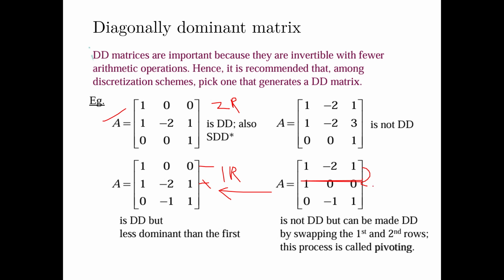The second row is also not diagonally dominant. In this row there is an equality, there is no strict inequality, right? So this matrix is not diagonally dominant. But if we pivot, interchanging the first and the second row, then we get this matrix, which is diagonally dominant. This is called pivoting, which you have also learned in the lectures, right? And we will also see one example of this as we move forward.